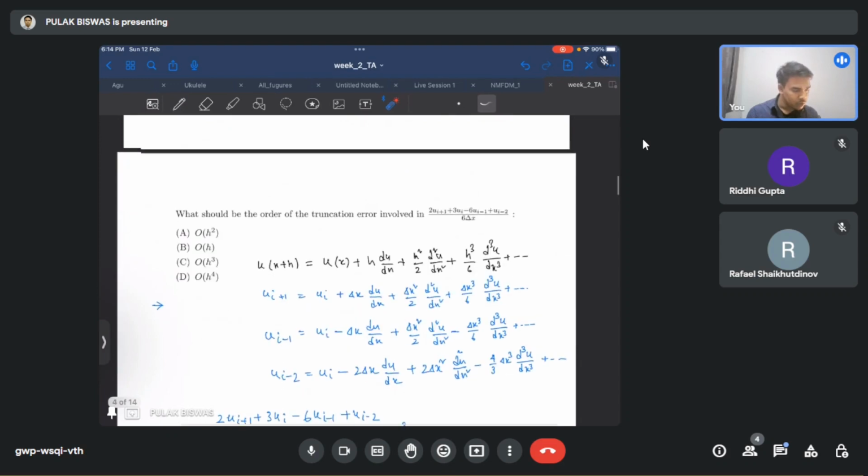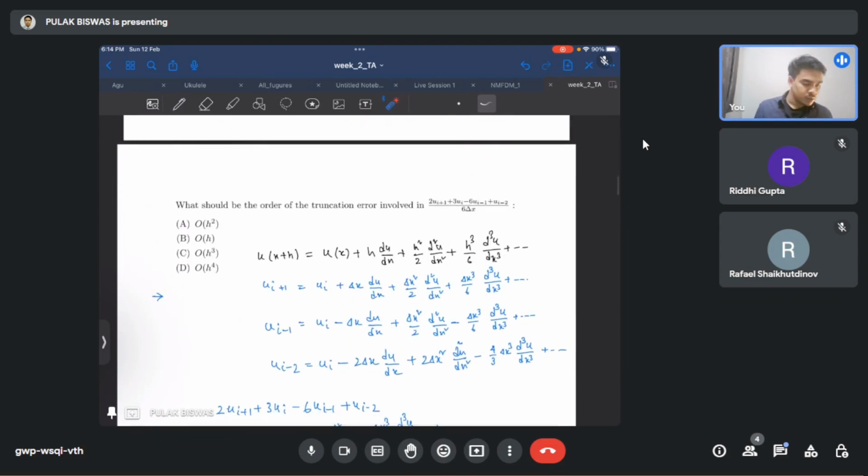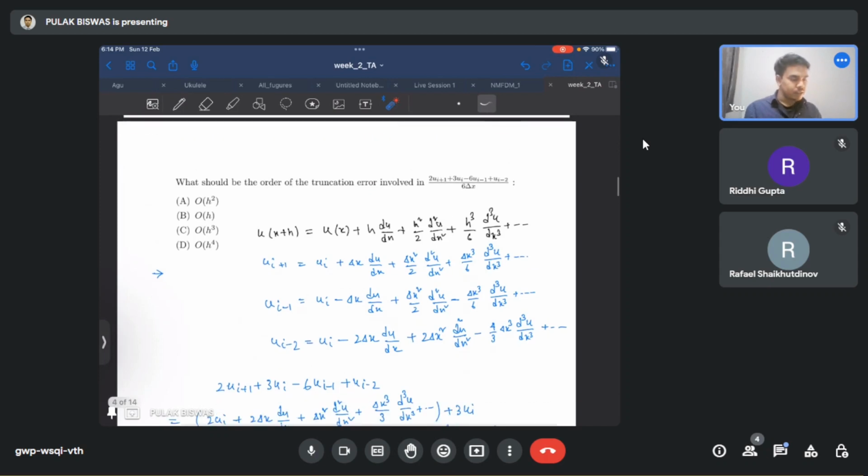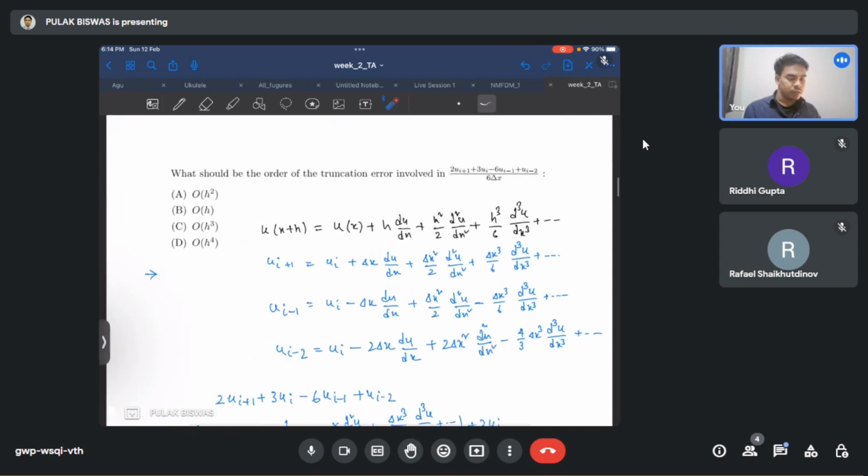I will be solving the questions. Some of these I have already calculated, and some I'll do during the session. Now it is asked, what will be the order of truncation error.